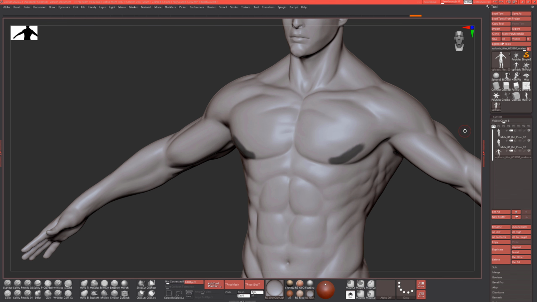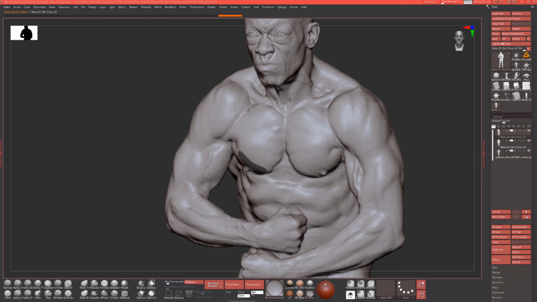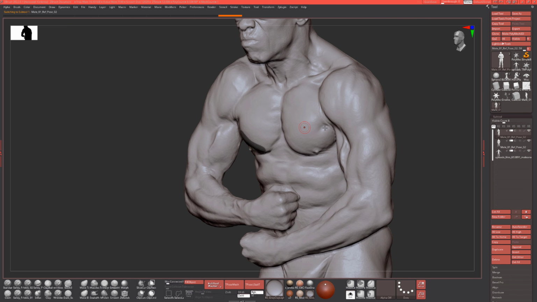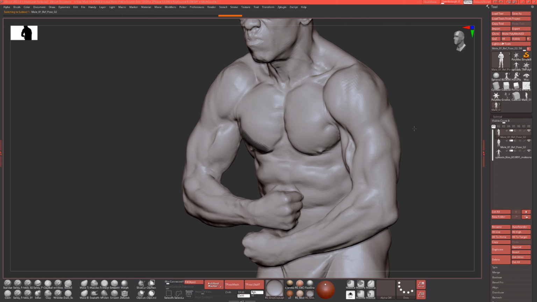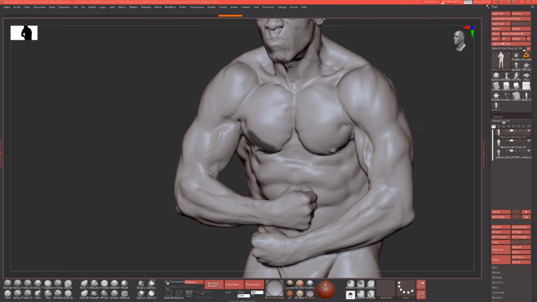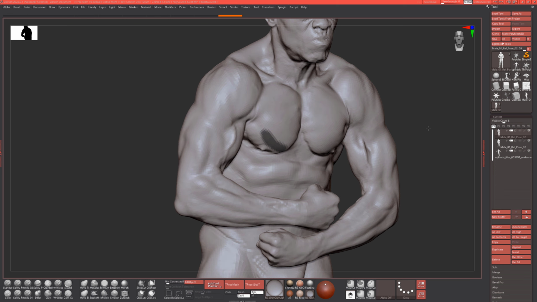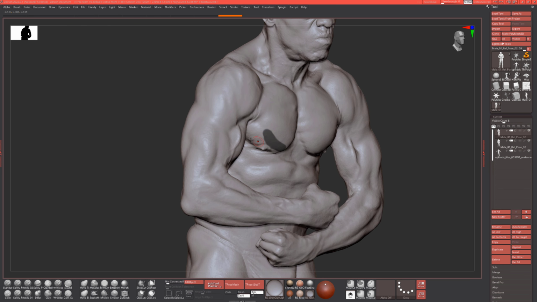So if we go back to our guy and we position the outline where it was, if we start rotating and we look at the muscle, we see that there is a whole section of the muscle beginning to appear, right?